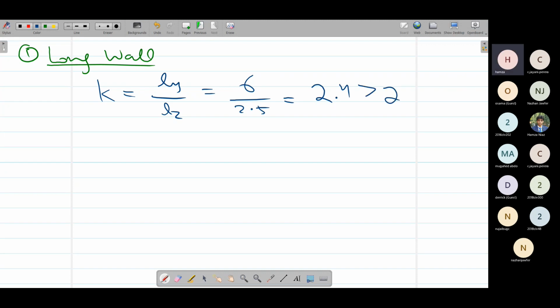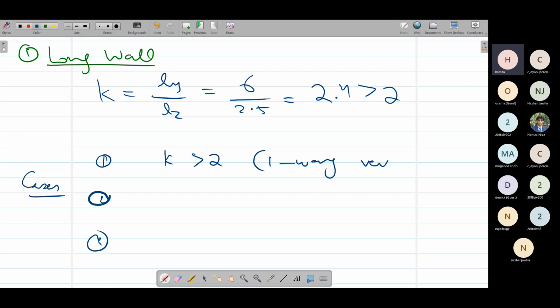So now for the retaining wall we have three cases. First case, second case, third case. If K value is greater than 2, that means one-way slab, we have to design vertically. If K value is less than 0.5, again we have to design one way but horizontally.